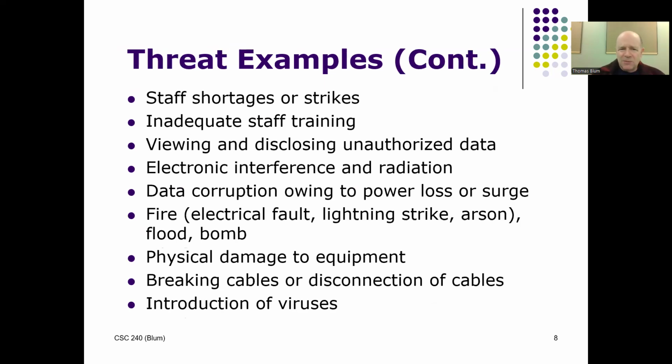Other possible threats. What if there's a staff shortage or a strike? What if we don't have enough training of staff? What if people are looking at unauthorized data, things they're not supposed to see? What about people disrupting our signals, like if we're trying to communicate with the outside world?